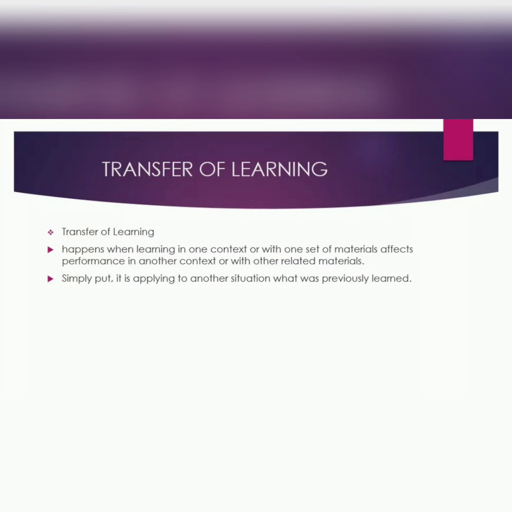Transfer of learning happens when learning in one context or with one set of materials affects performance in another context with other related materials. Simply put, it is applying to another situation what was previously learned. It happens when learning ends.